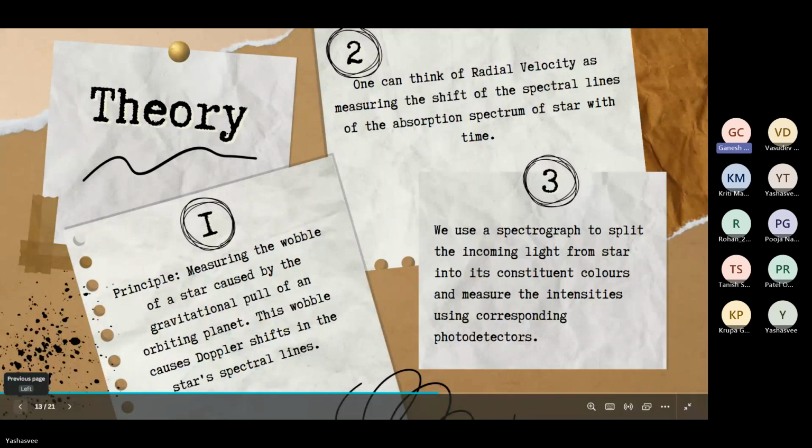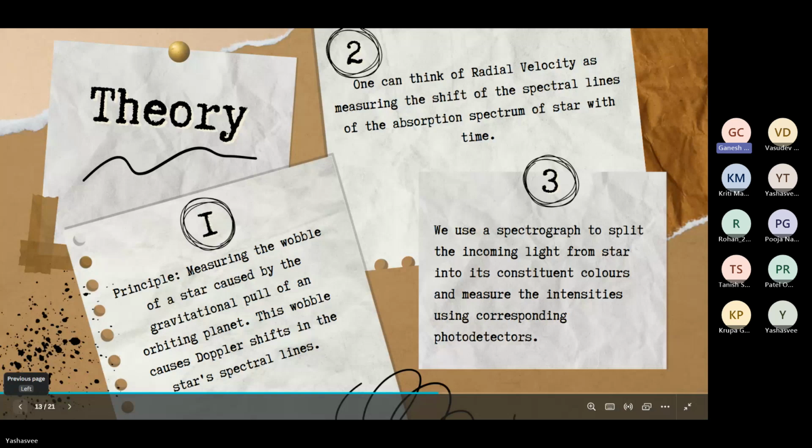They do this by looking at the changes in the star's light spectrum, specifically how the light shifts between red and blue as the star moves towards and away from us. This shift is similar to the way a siren sounds different as a vehicle passes by, called the Doppler effect.